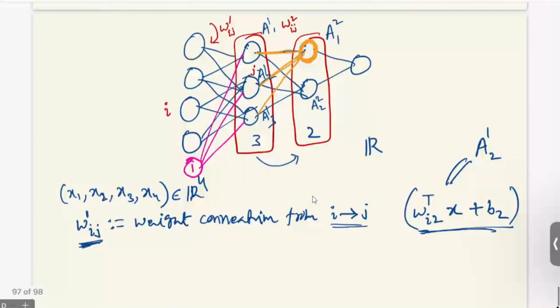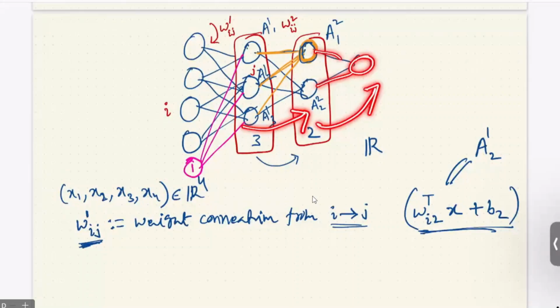After applying the activation function, it is coming out of the g, and here it is the activation function with the affine, and here again it is the activation function with the affine, and the same process is repeating one more time. Whatever we do here, the same is repeating there.